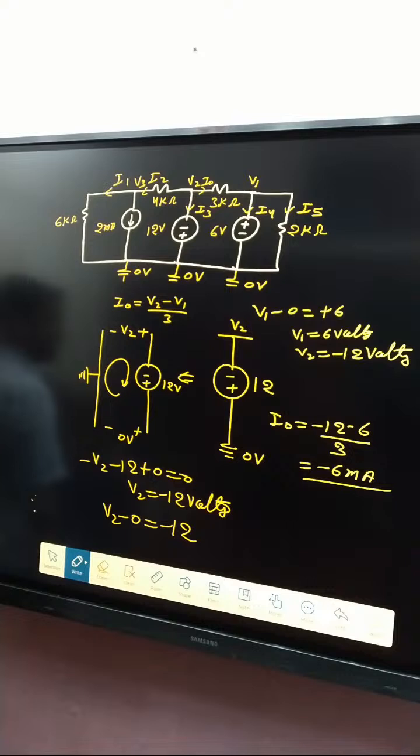If anyone faced doubt corresponding to any step, then tell me, I will explain again.